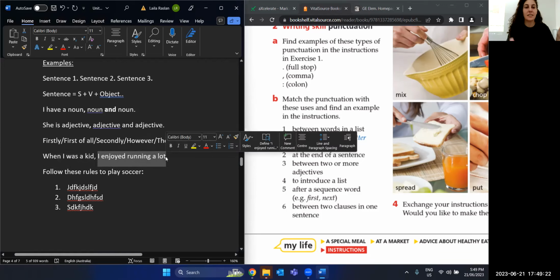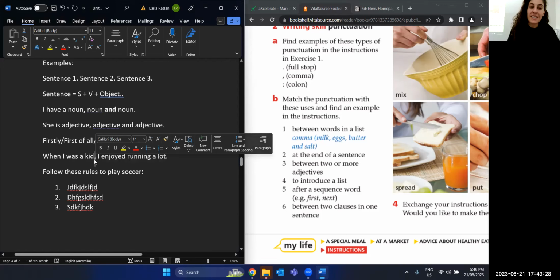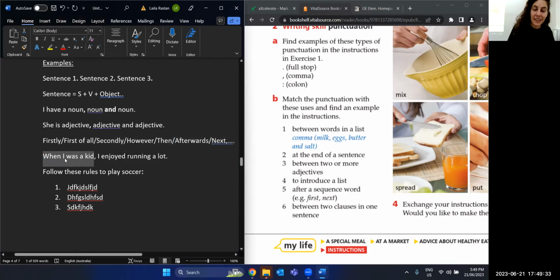But we know that each sentence starts with a subject and a verb, so why is there not a full stop? The reason is because they're connected. So, when I was a kid, comma, I enjoyed running a lot.